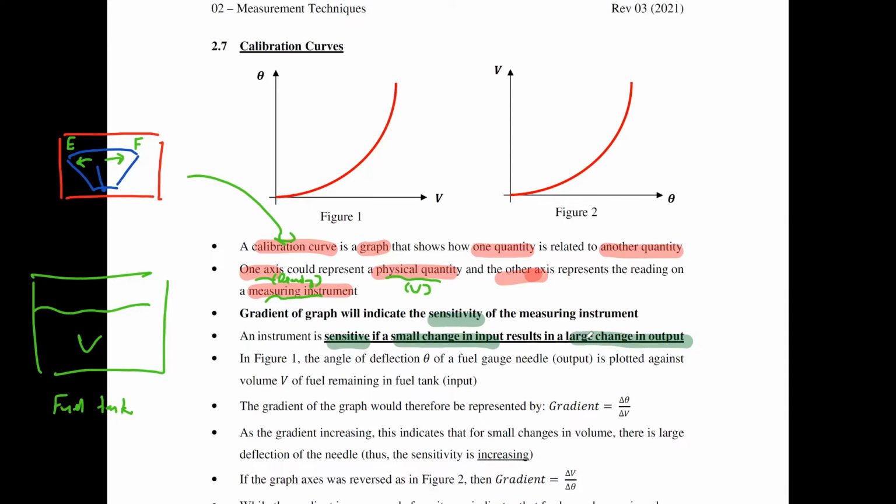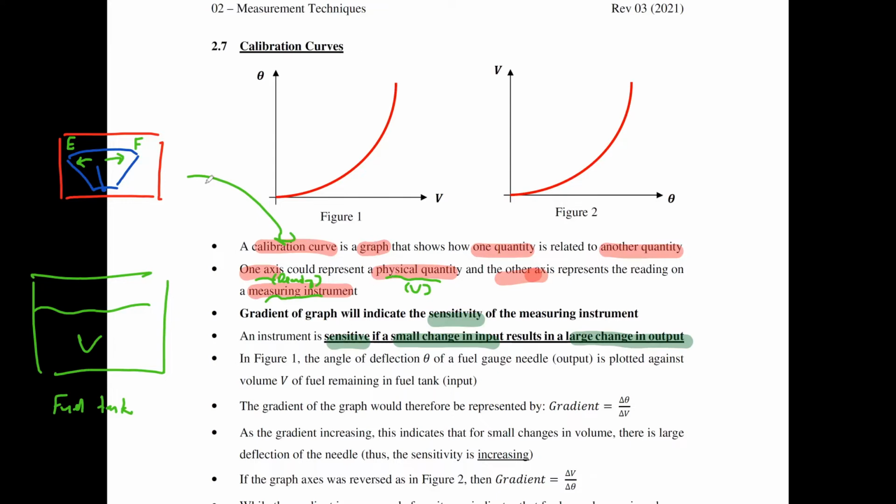If we say a person is sensitive, you just poke him a little, and he gives you a very large reaction, right? Something similar applies to a measuring instrument. When an instrument is sensitive, a small change in input results in a large change in output. So calibration curves allow you to determine the sensitivity of a measuring instrument.